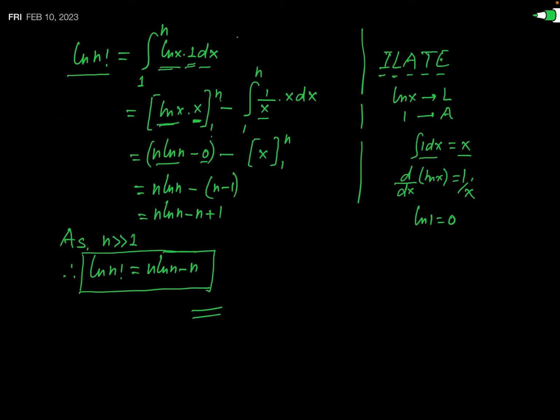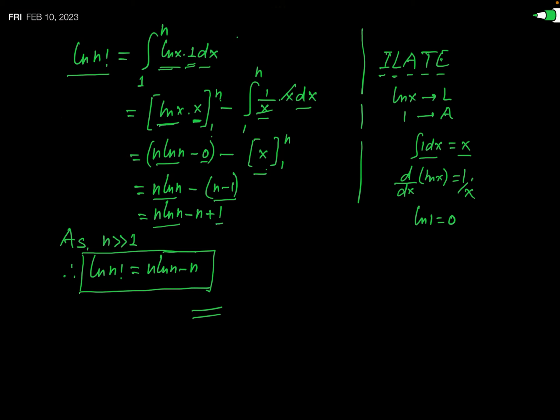And minus, now here this x and x will cancel out, and you have to integrate only dx. The integral of dx will be x, and limits are 1 and n. Now this will be n log n minus, now put the limit, n minus 1. And that will be n log n minus n plus 1.